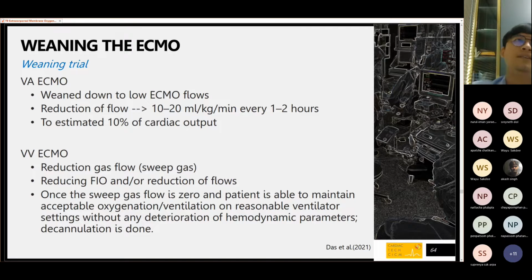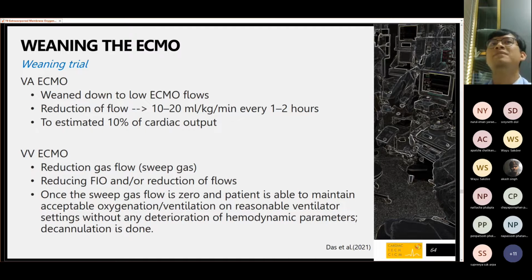Okay, weaning trial, just an example. Each hospital has its own protocol. For VA ECMO, we wean down by lowering the ECMO flow.